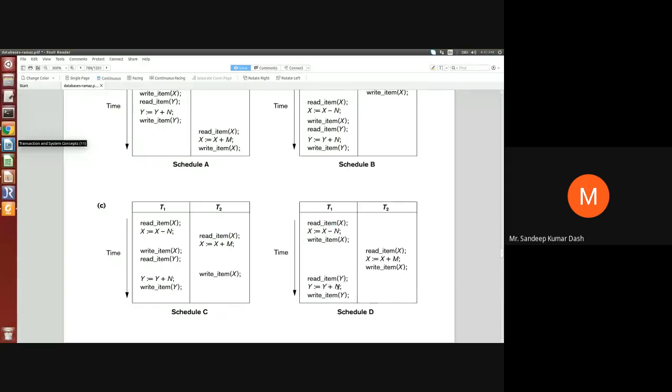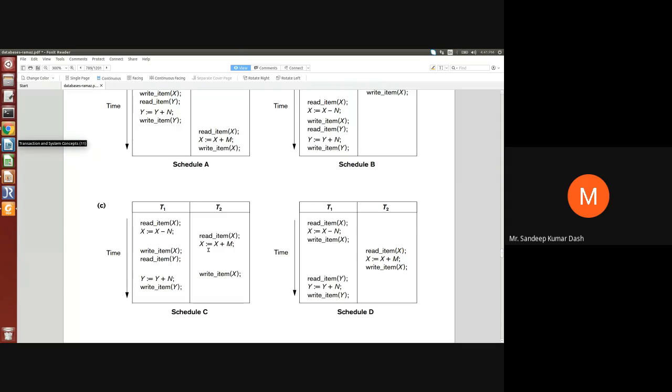Here it will be 90 plus 3, 93. Same as this. Yes or no? Anyone got it or not? Yes, sir. So that means this schedule is giving you the correct result as you are obtaining in these two. This one is giving you an incorrect result.